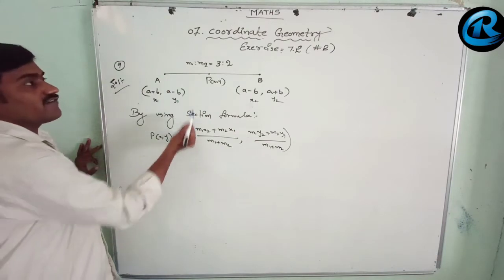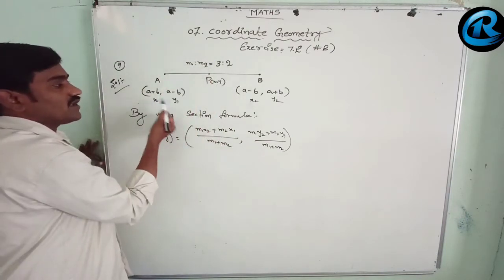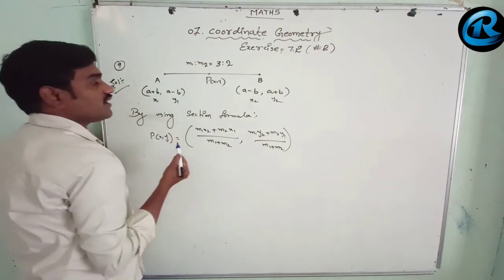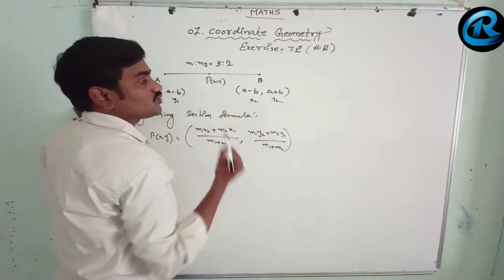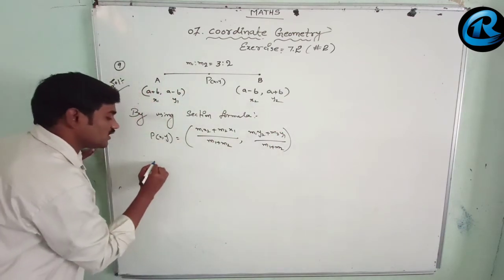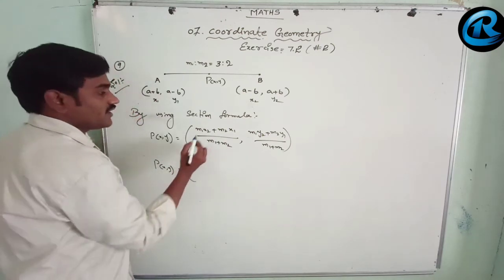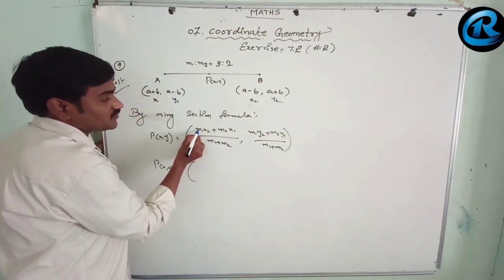Now we know that here m1 value is 3, m2 value is 2, x1 value is a plus b, y1 value is a minus b, x2 value is a minus b, y2 value is a plus b. Let us substitute this very slowly and very carefully, so that we will get the answer correctly.